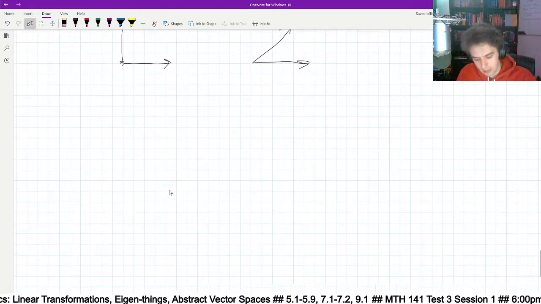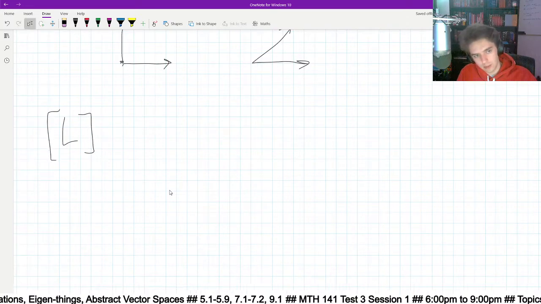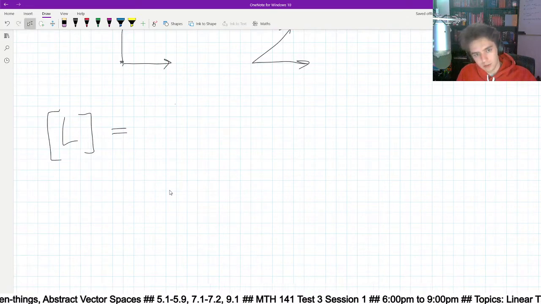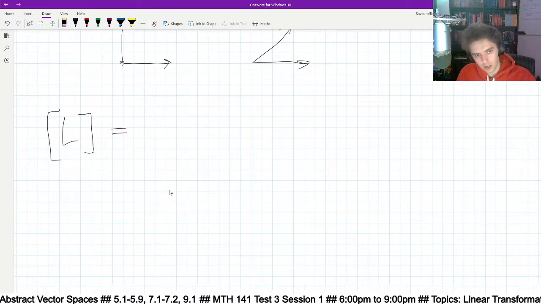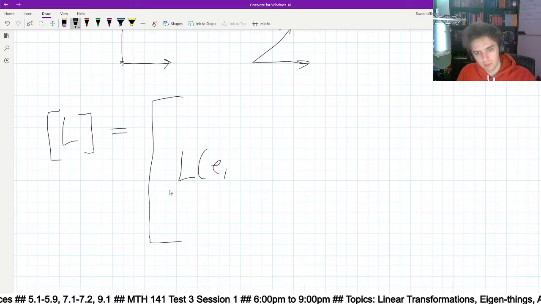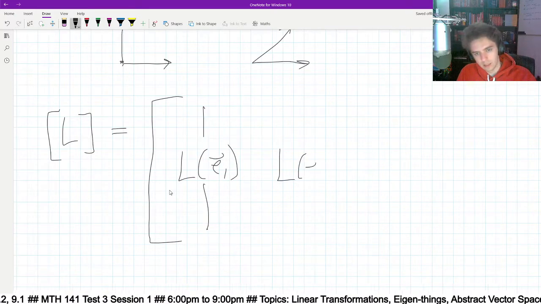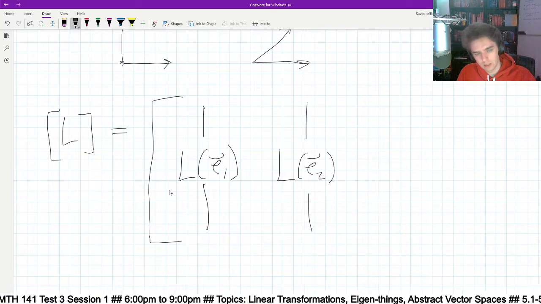Okay, so the actual definition is that the matrix representation of L is the matrix whose first column is L of E1, the next column is L of E2, and then L of E3.